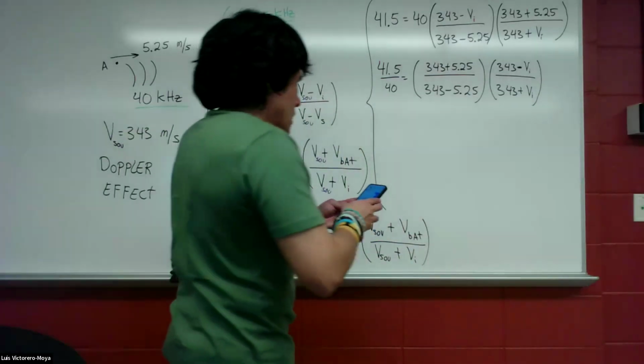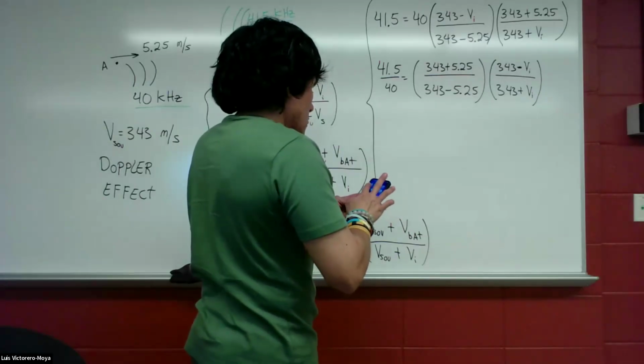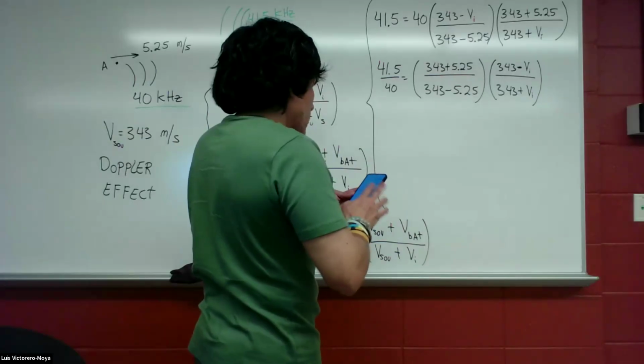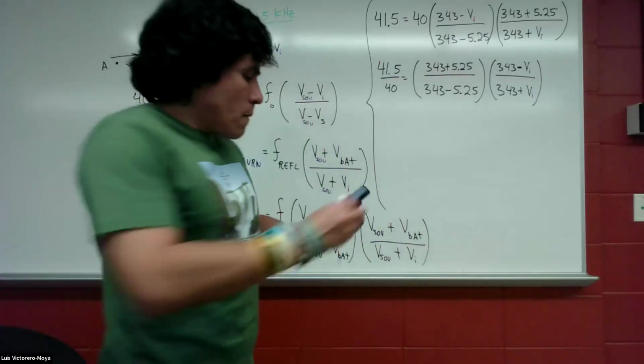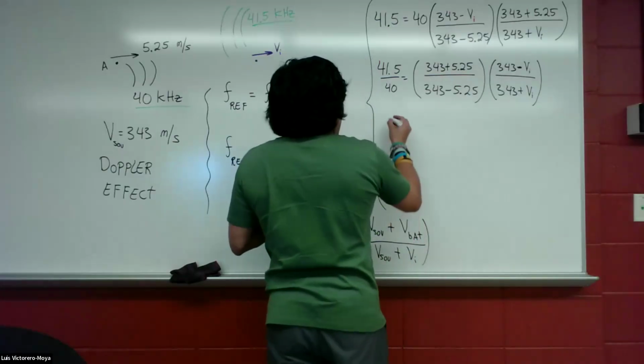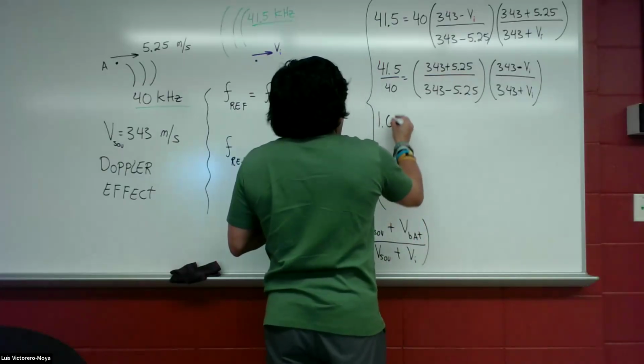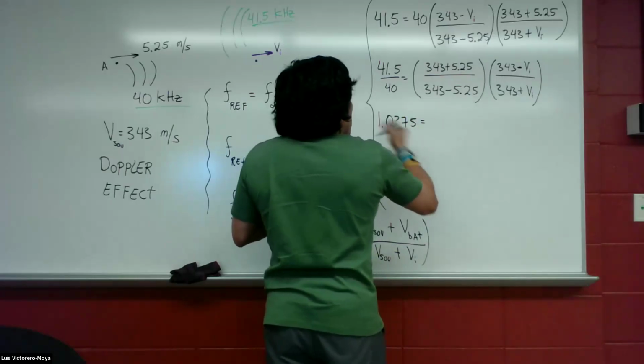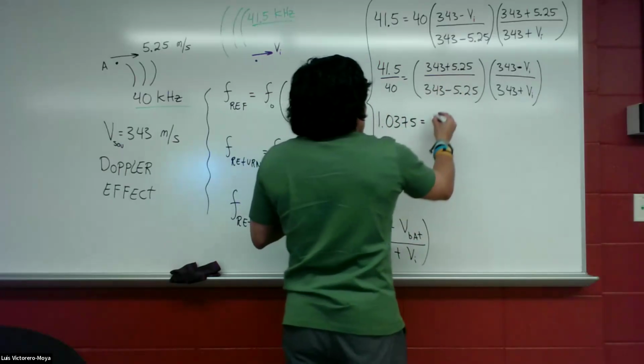So let's calculate this. 41.5 over 40, I get 1.04. 1.375. That's this plus that.